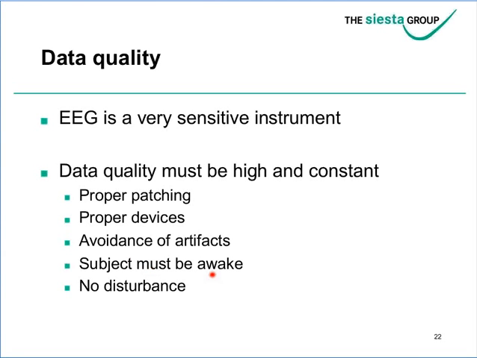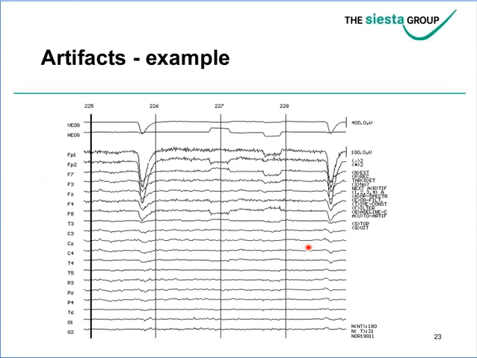It's not always the case. I mean, you can perform EEG equally in sleep. That's a topic that we're also very proficient in, but not the subject of this webinar today. But the typical pharmaco-EEG subject should be awake, and so we have to take care that they are, and that there's no other type of disturbance.